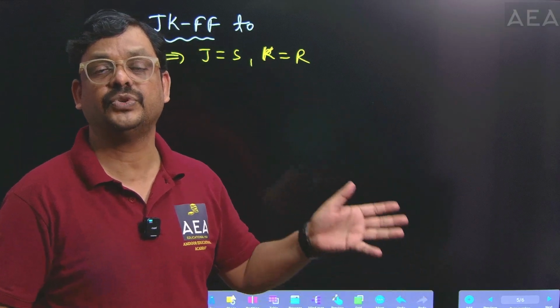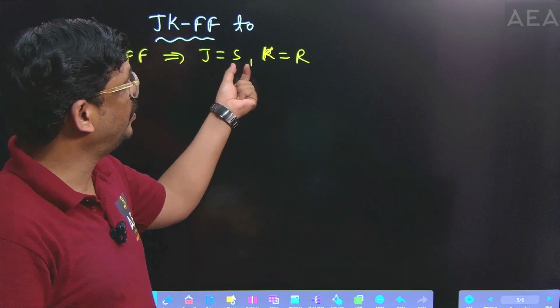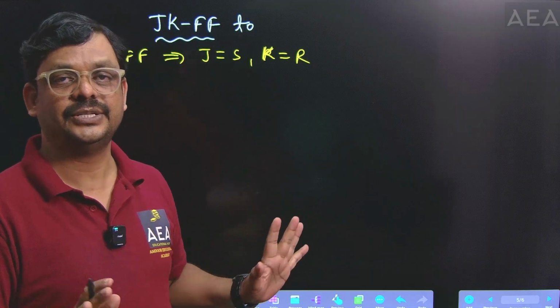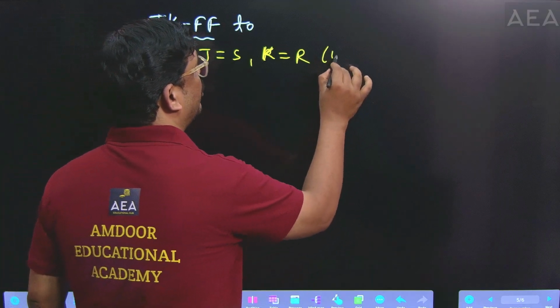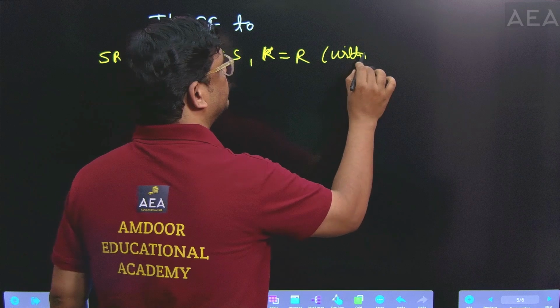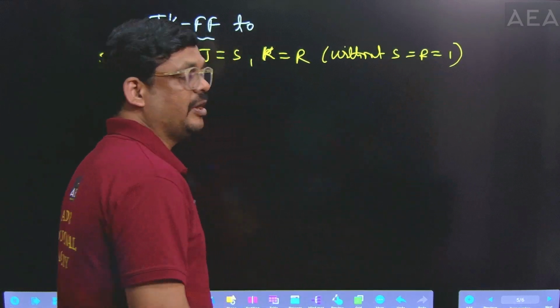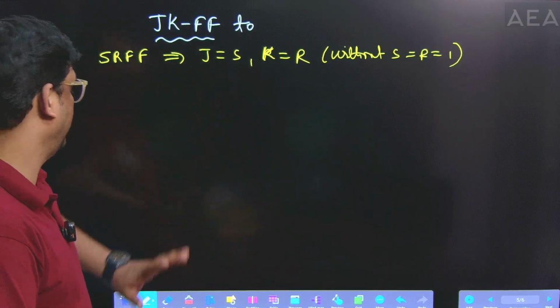So that's why we can write J is equal to S and K is equal to R. And don't use the 1-1 combination. So without the 1-1 combination, S is equal to R is equal to 1, this is a simple conversion. Okay, so one conversion is finished.